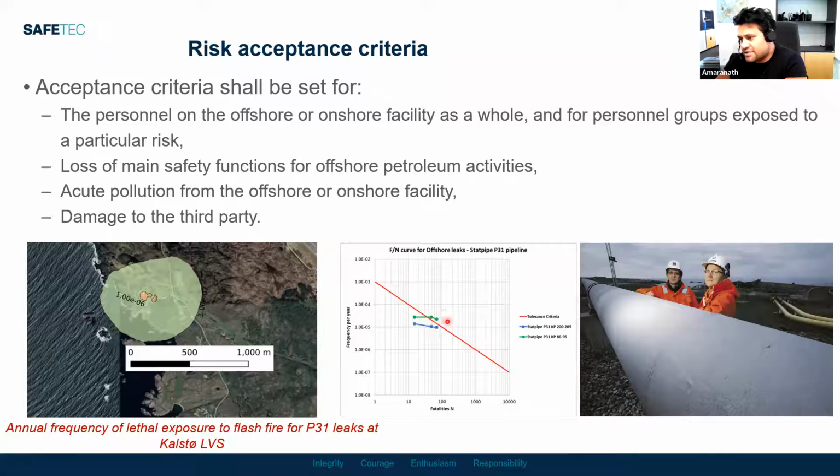You can see that the risk calculation shows that the risk is above the risk acceptance criteria for certain sections of the pipeline, and based on the risk calculations, we have to perform some risk reduction measures to reduce the risk level into the acceptable area.